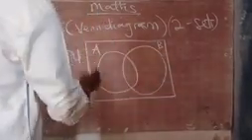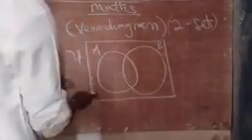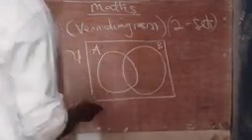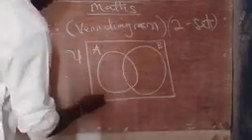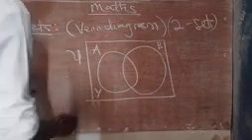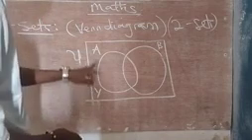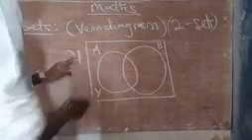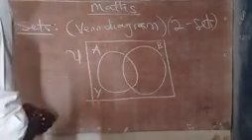And of course, you must not forget these outside parts, because the universal set has members here which are not part of A and not part of B. Let's call that part Y. So set Y represents elements that are neither in A nor in B. Okay, so the universal set is represented as such.